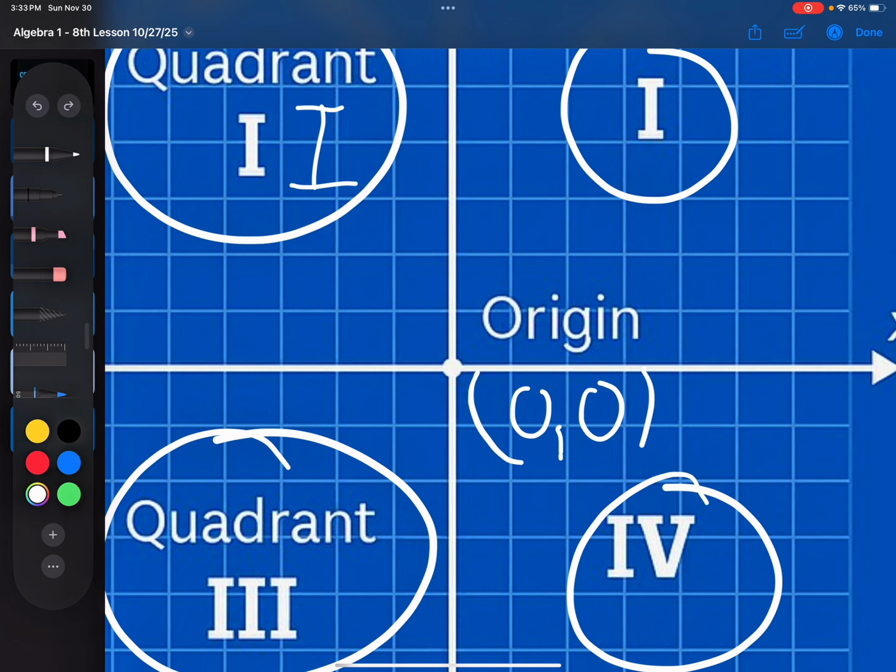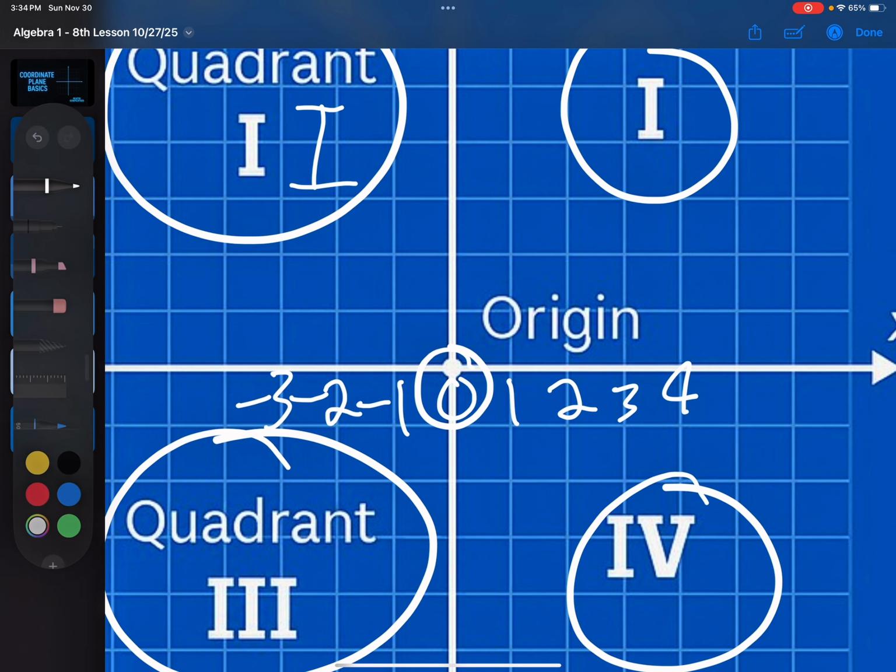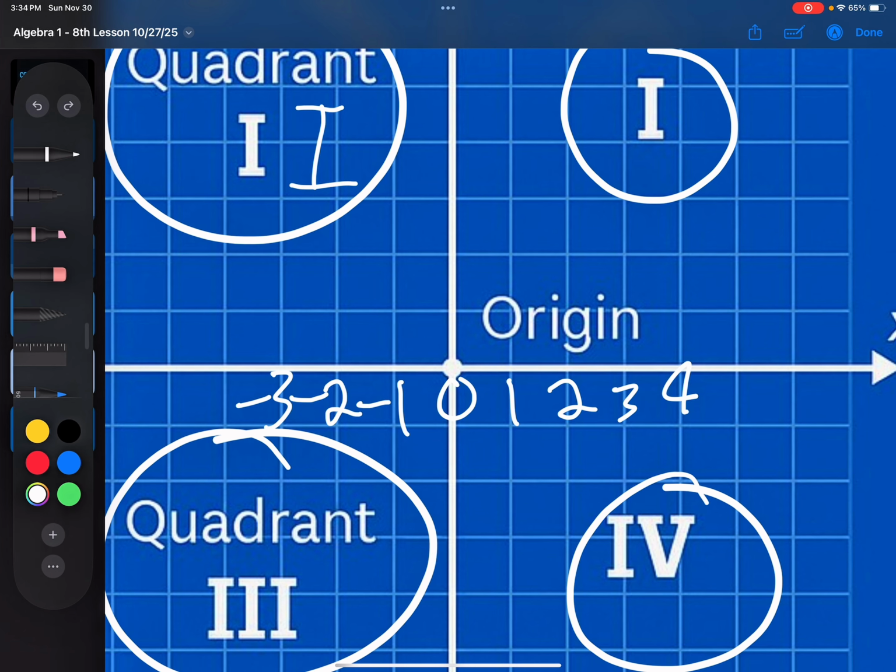Here on the x-axis, this is how it works. We have 0, 1, positive numbers to the right, and negative numbers to the left. This is where essentially everything starts, right? On the y-axis, from the top of the 0 we have positive numbers, and from the bottom we have negative numbers, so -1, -2, -3.